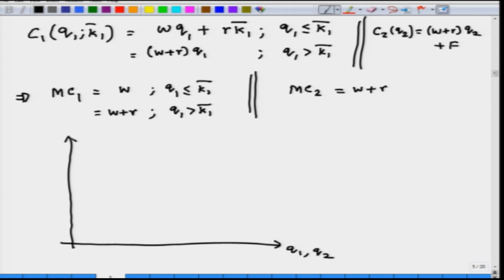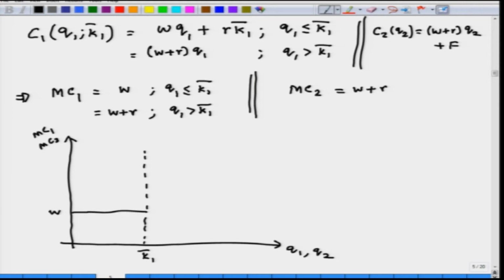so if I look at firm 1's marginal cost and firm 2's marginal cost, let us call it in rupees per unit. So, let us say K1 bar was somewhere here. As long as my Q1 is less than or equal to K1 bar, the marginal cost for firm 1 is W, right. So, this is the marginal cost for firm 1.